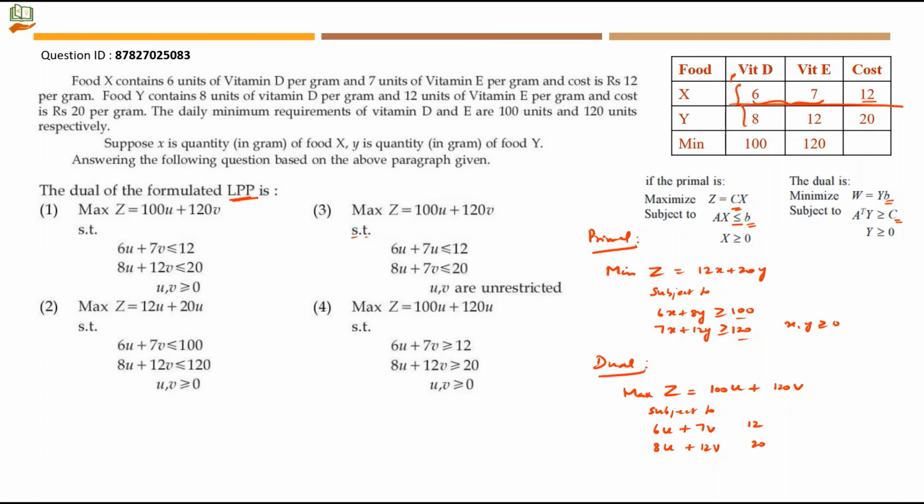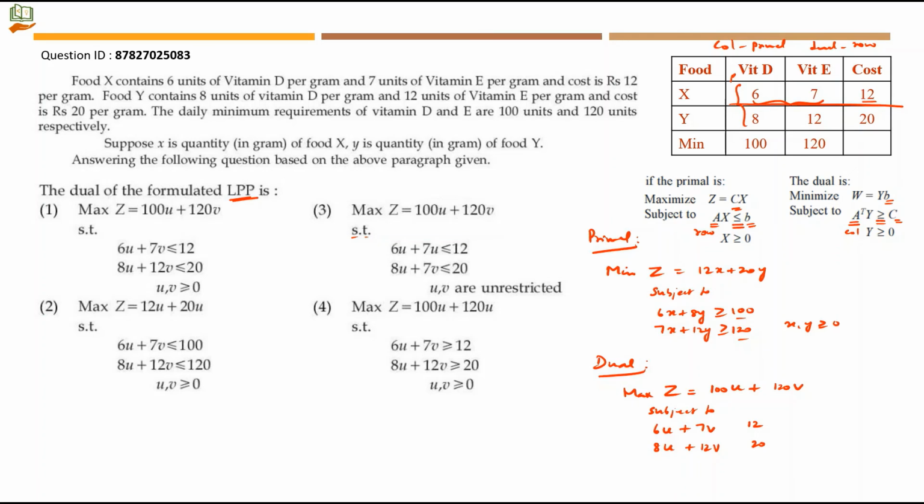See, maximization, if it is in less than or equal to, in minimization it becomes greater than or equal to. They say this is A and this is A transpose. It means while taking minimization, if we go column wise, then the transpose will be, we have to go row wise. We took column wise for primal. It means for dual, we have to go row wise. This is the meaning of transpose here.